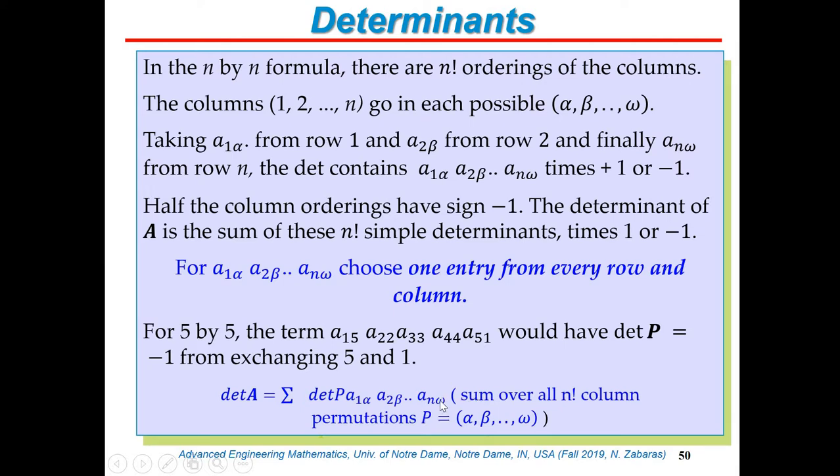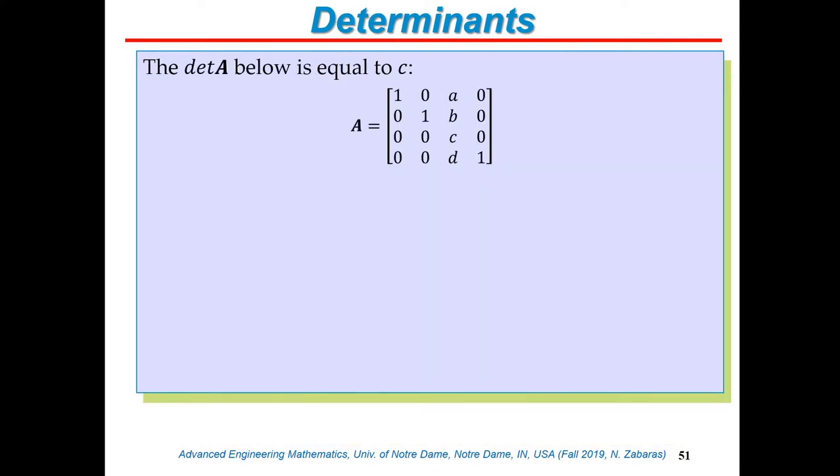This is what you really need to remember: taking each row, one row at a time, starting from row 1, for each of these terms you are using a different permutation of the columns by selecting column alpha from row 1 and then column beta for row 2, etc. And then you multiply with the corresponding determinant of the permutation matrix. Okay, so let's do an example.